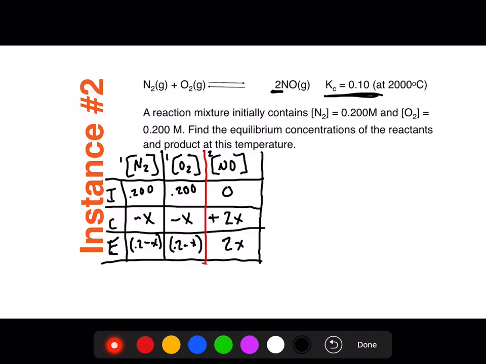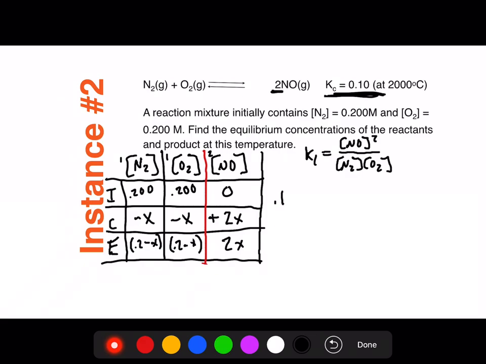Now they gave us the K value, so your K expression would be nitrogen monoxide and then your nitrogen and oxygen on the bottom. Well, what we need to do is just plug in our values.